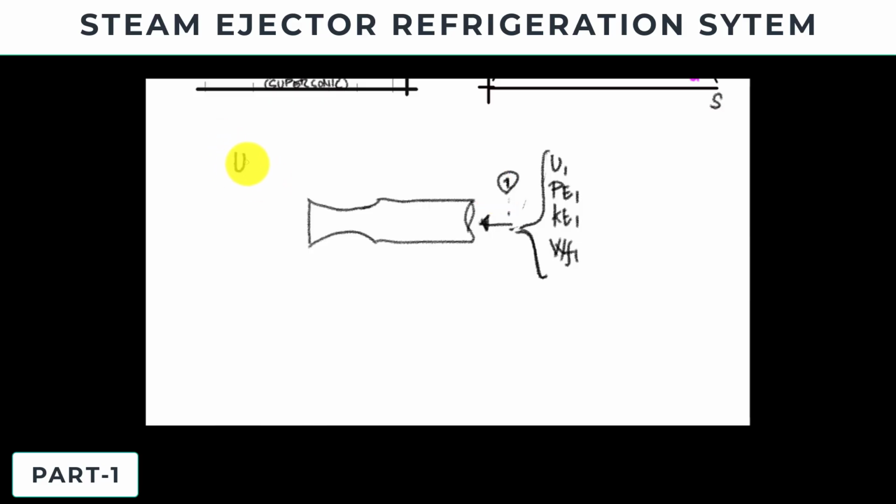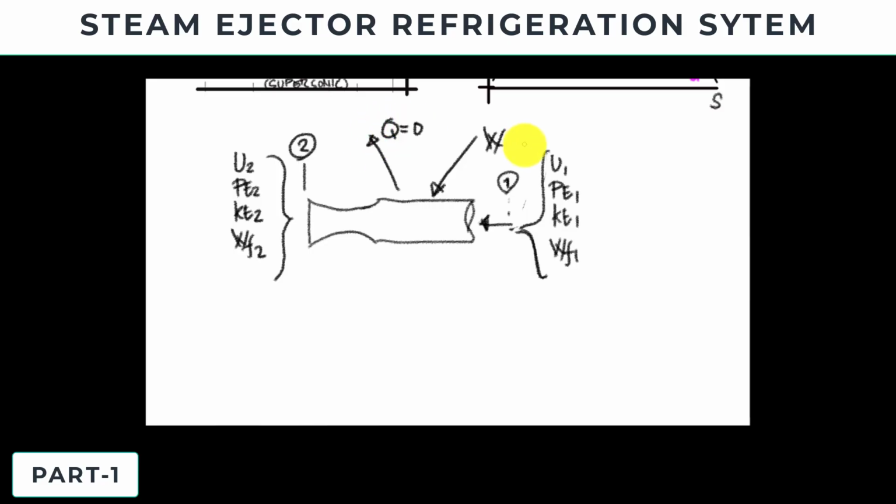And leaving, we have internal energy 2, potential energy 2, kinetic energy 2, and also the flow work 2. That will ideally be leaving the system at my point 2, and we have your work and your Q, which is eventually 0.